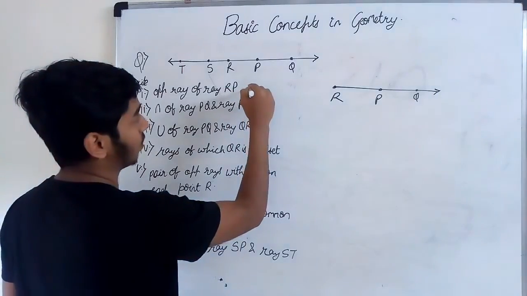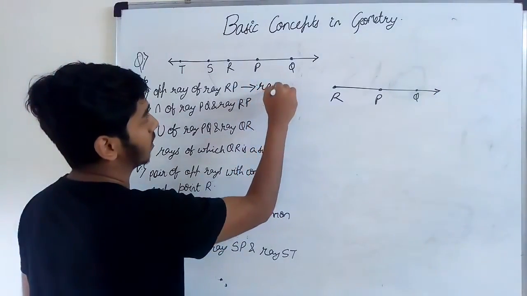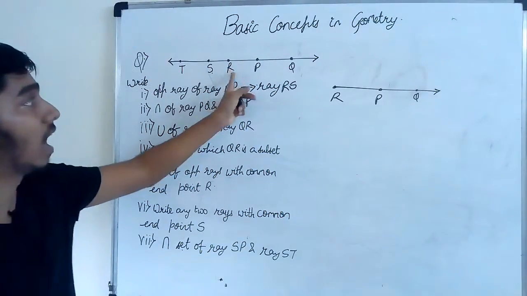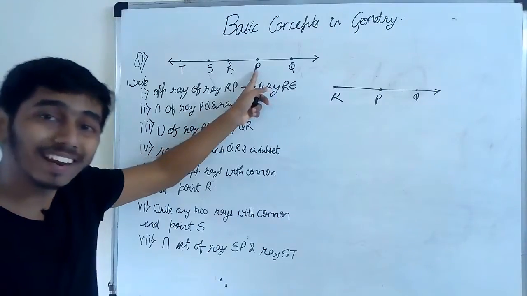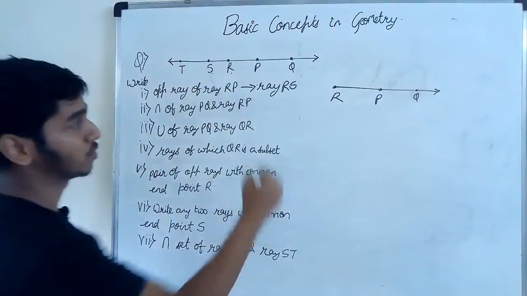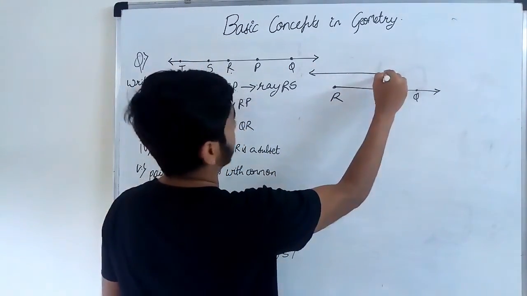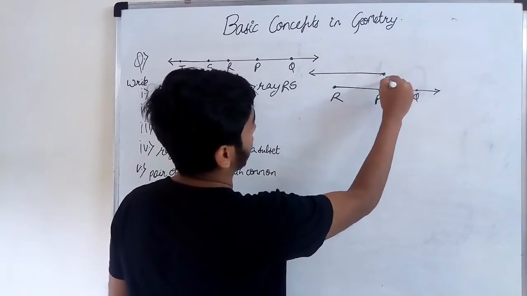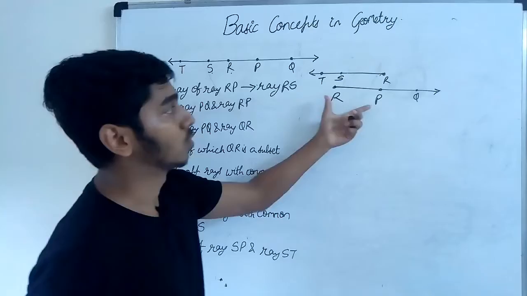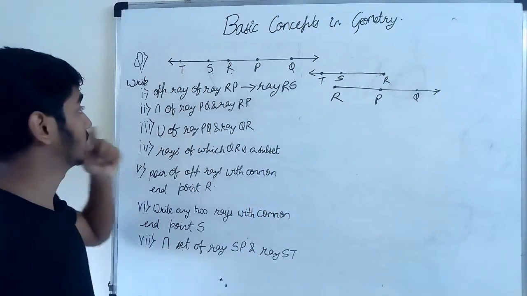So we can say for this, the first one, the answer will be ray RS, correct? Because opposite ray of RP is RS, which will be like this. R, S and T. So opposite of RP is RS, correct? So that is the first one.